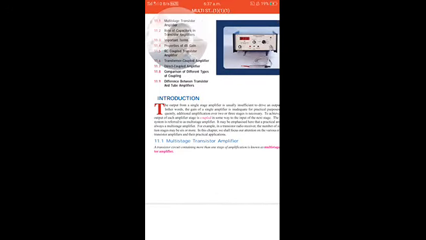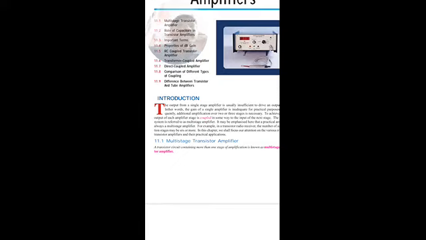Today we'll see multi-stage amplifiers designed to have high input impedance, low output impedance and high voltage gain. As studied in the previous class, the CC configuration is the first stage, providing high input impedance.